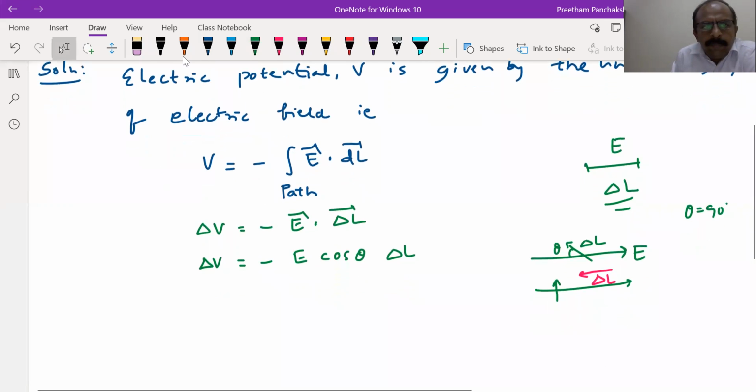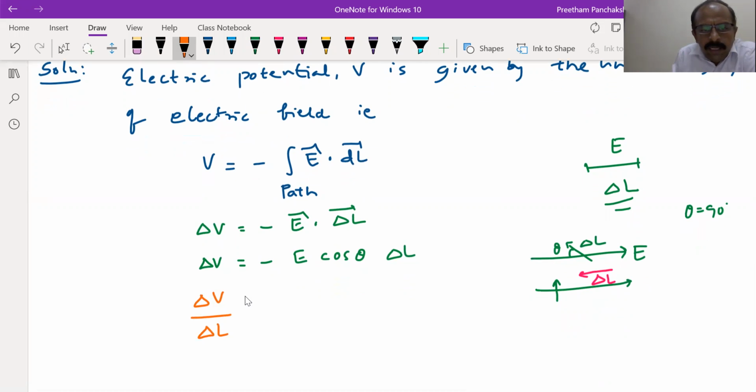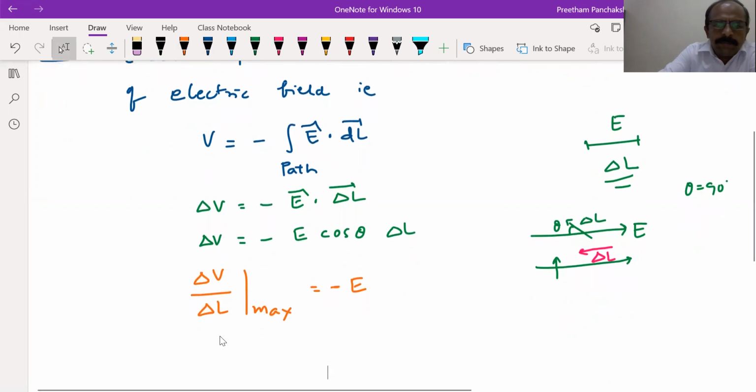So we can write the next simple equation as delta V by delta L max is equal to minus E. So cos theta is 1 here. So this term represents the maximum rate of change of potential with respect to the distance.